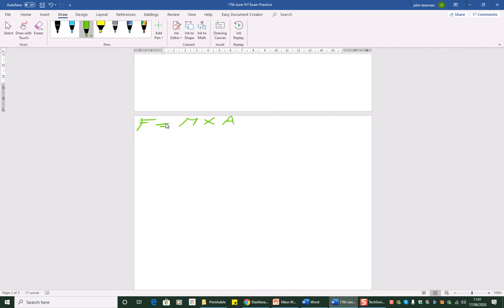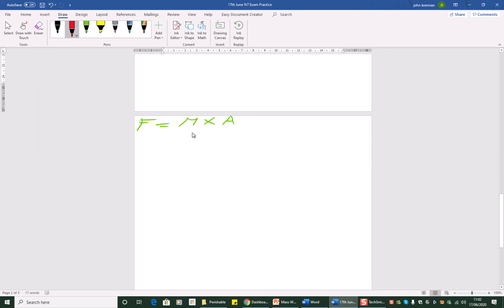So we're going to need to rearrange this. We're going to need to get rid of that M, and we get rid of the M by moving it, just pick a different colour for this one.